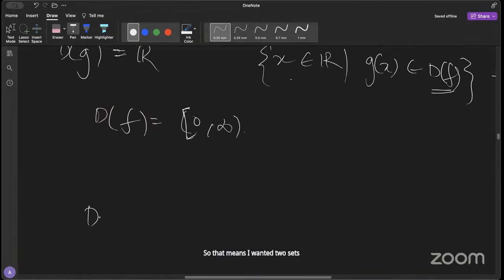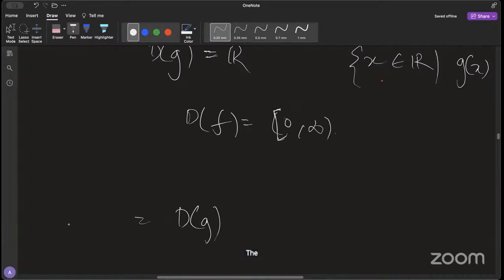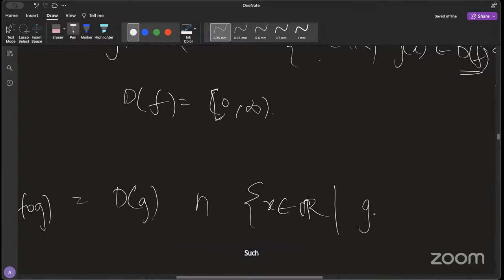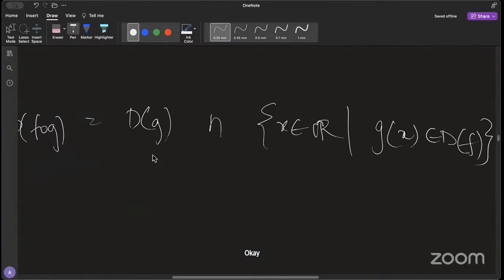Okay. So that means I wanted two sets. One is D of g. The domain of f of g is what? Domain of g intersected with x belonging to real numbers such that g of x is in the domain of f. Okay, so what is D of g?